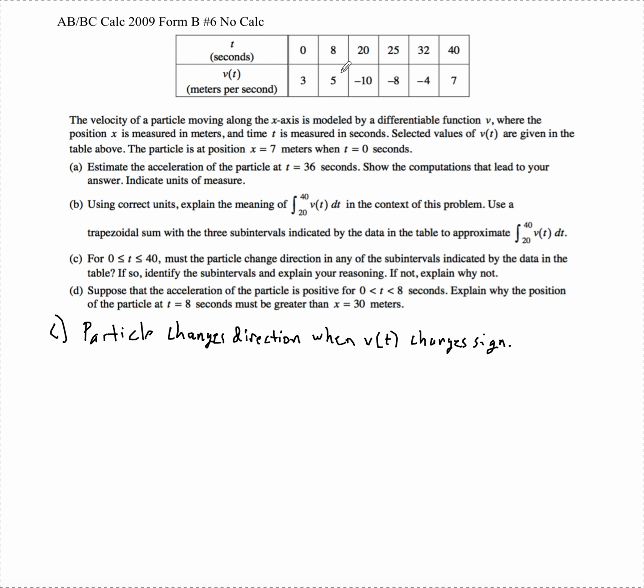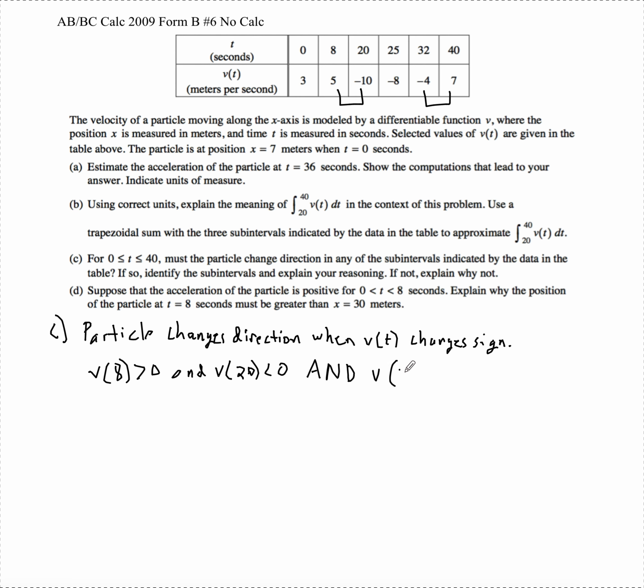Something like v of t is positive, positive, negative. So I have a sign change there. Then I have a sign change here as well, right? So what do I know? I know v of 8 was positive, and v of 20 is negative, and I know v of, what's my next interval?